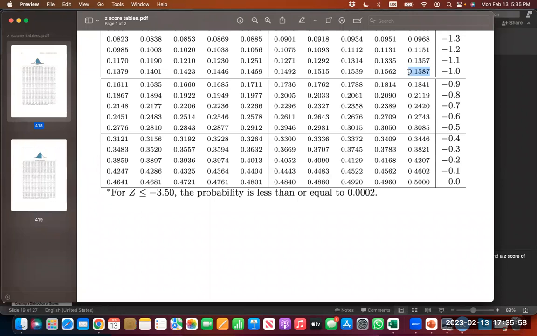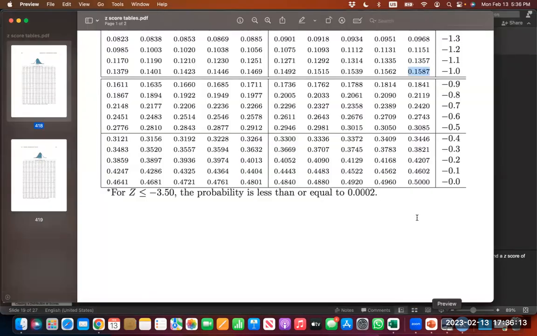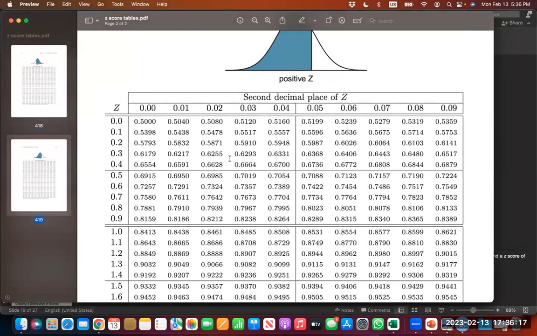So 50 minus 16 is 34. That means you have 34% between 0 and 1. These 34%, we can look up on the positive side of the z-score table.